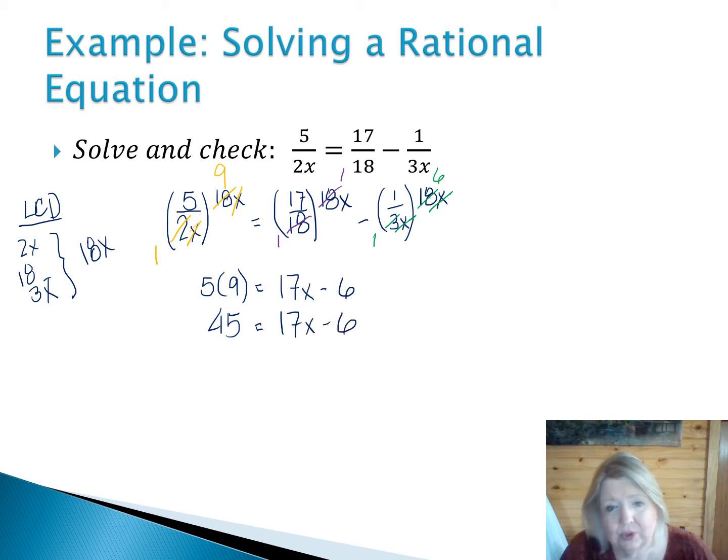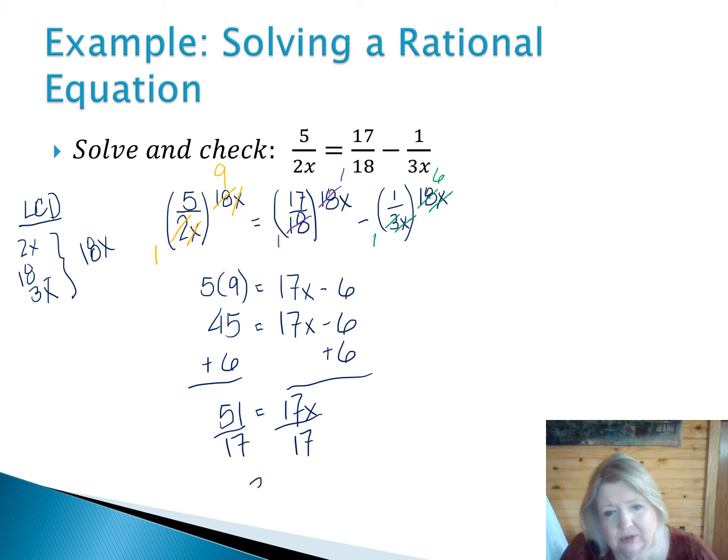My x's are on the right, so I want to move all my constants to the left. Since it was minus 6 on the right, I'm going to add 6 to both sides, making it plus 6 on the left. That gives me 51 equals 17x. Since they multiplied my x by 17, I need to divide by 17, and I get that 3 is x.